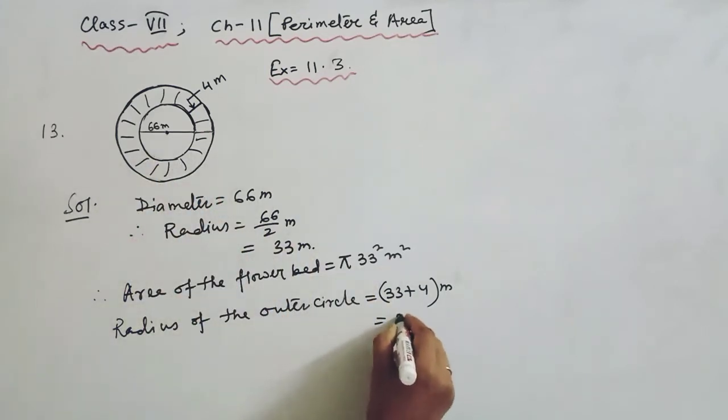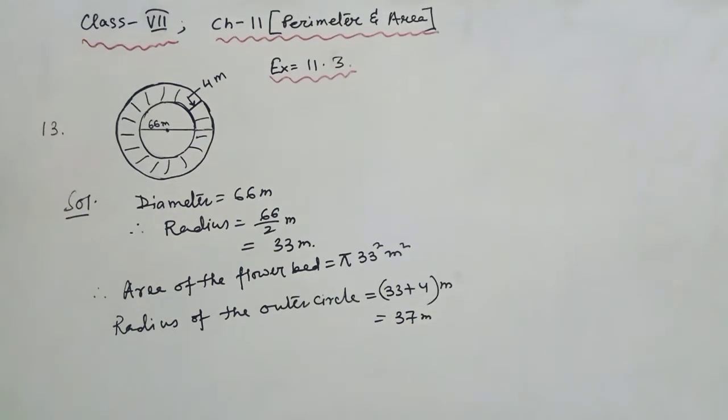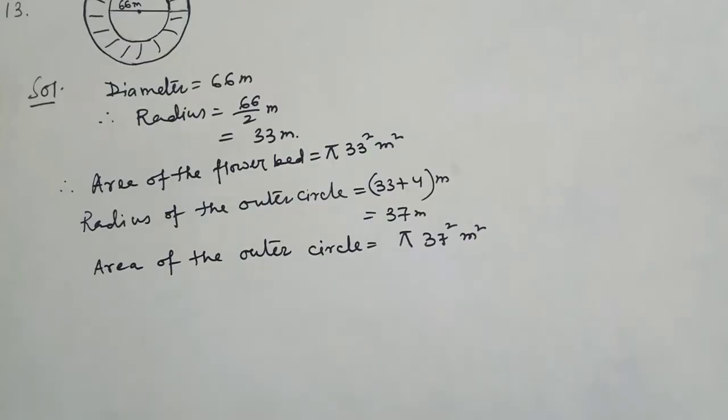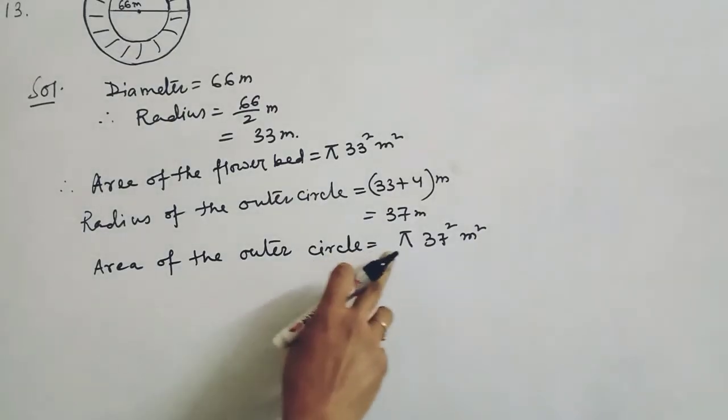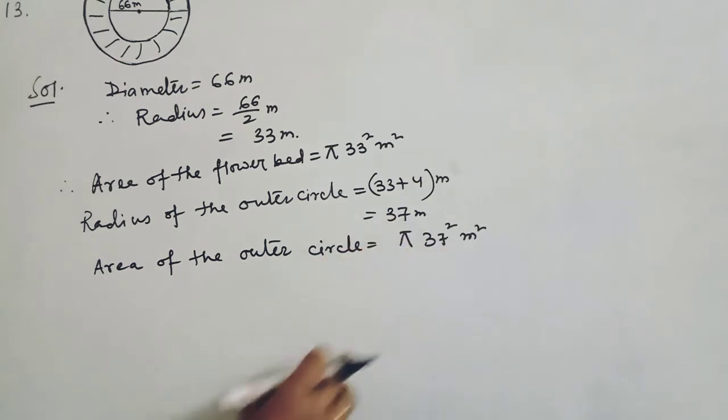You will get 37 meter. Now area of the outer circle is pi into 37 square meter square, because its radius is 37.